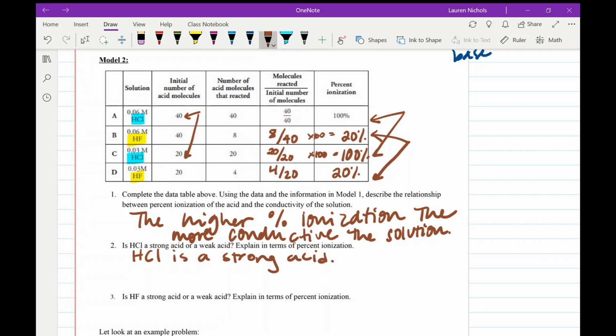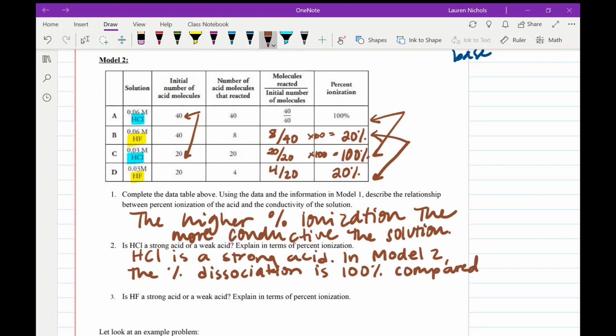acid. And then if we wanted to cite our evidence, which you know I'm always asking you to cite evidence and things like that, in Model 2, the percent dissociation is 100% compared to HF's 20%.